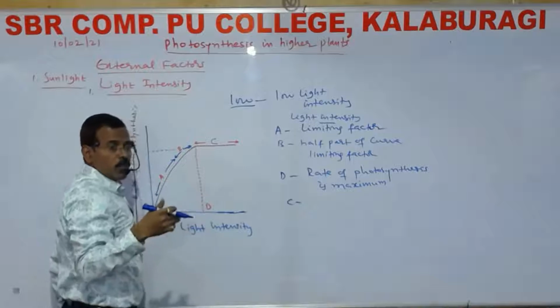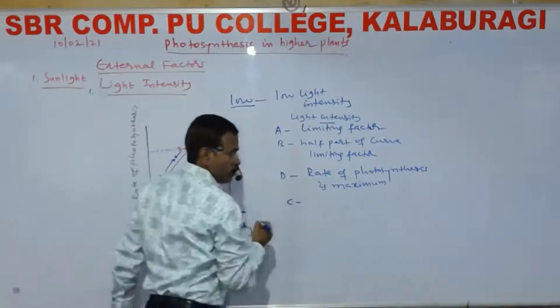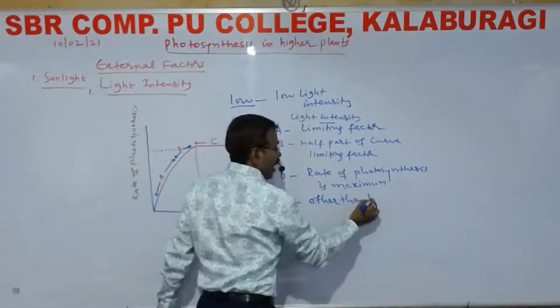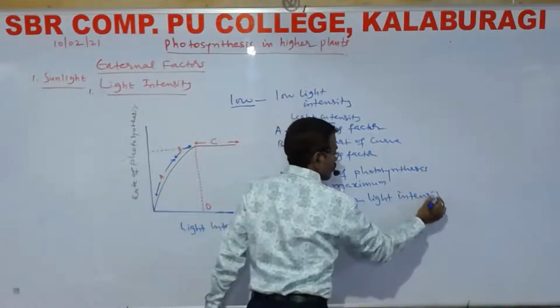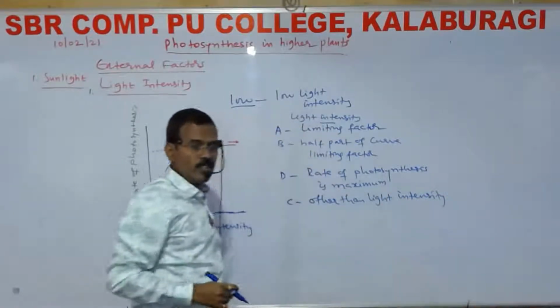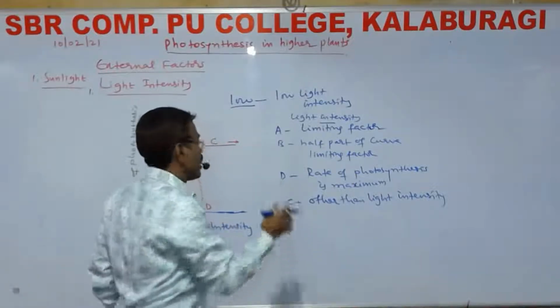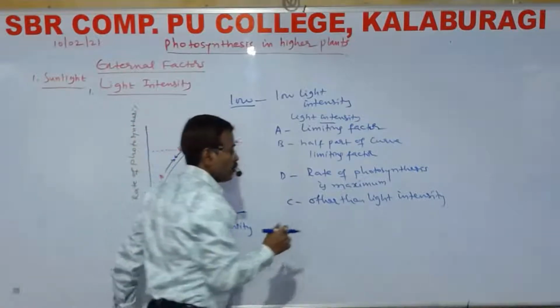Actually, the rate of photosynthesis can decline because other than light intensity, other factors can become limiting.